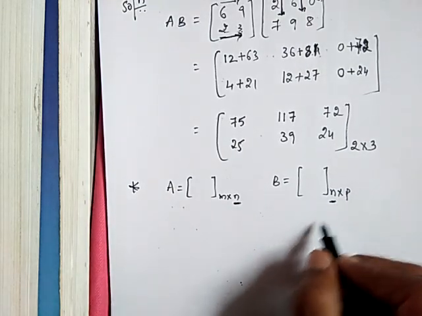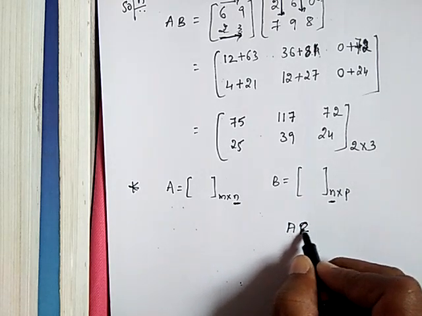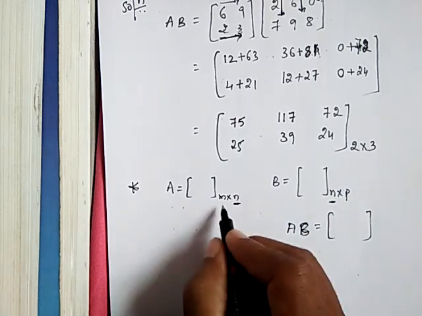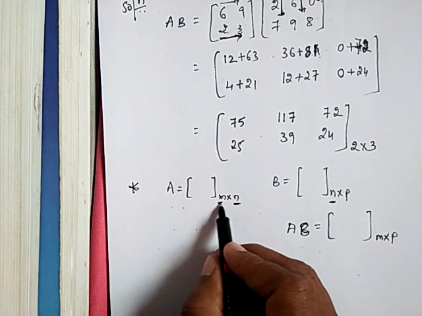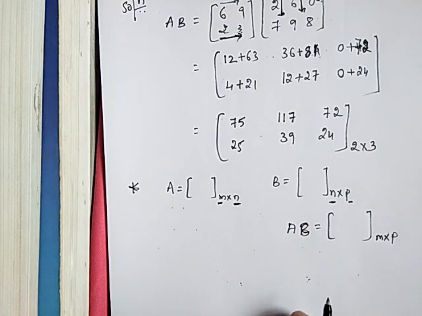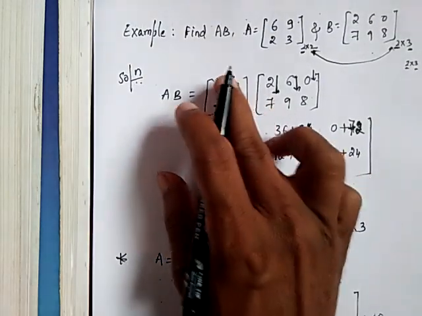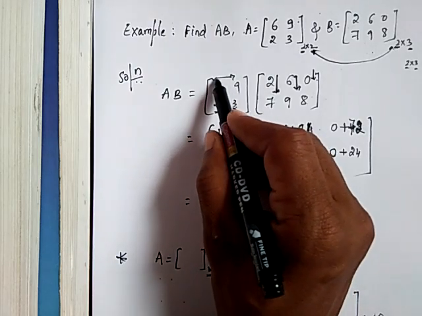Then you will get what? AB, the multiplication of A and B, is equal to some matrix of order m by p. So this will be m and this will be p. Okay, I hope you have understood this one. Before that, once again I will say: always go like this.